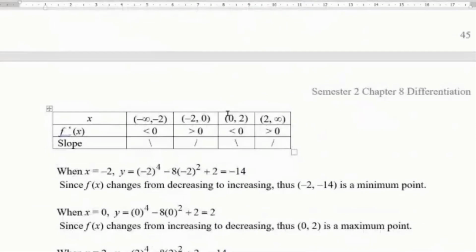First you arrange all the intervals in one line so that you can see. So this is -2, this is 0, this is 2. This is the first interval, this is the second interval, this is the third interval, this is the fourth interval.